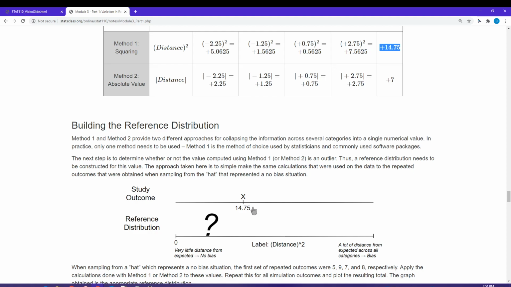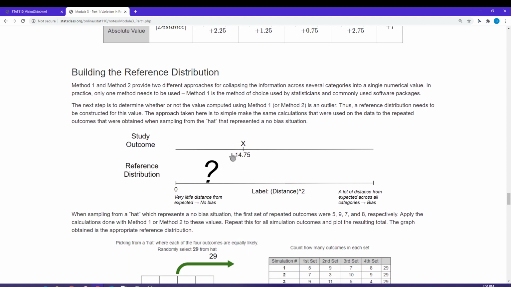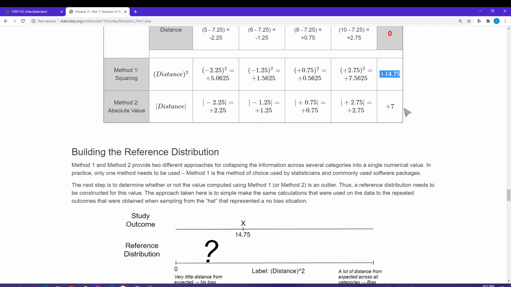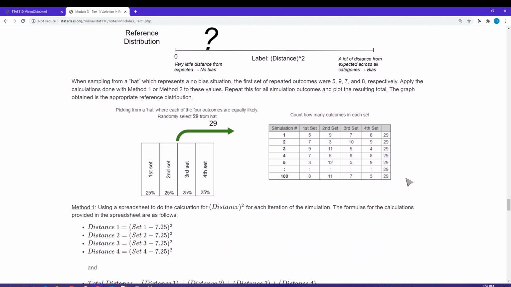I need to determine whether or not that's an outlier. So I need to build a reference distribution for that quantity, for the 14.75. Or if I was using the absolute value approach, I would be building a reference distribution for positive 7 to try to determine whether or not that quantity was an outlier. Now building the reference distribution just involves going back to the outcomes that I had before.